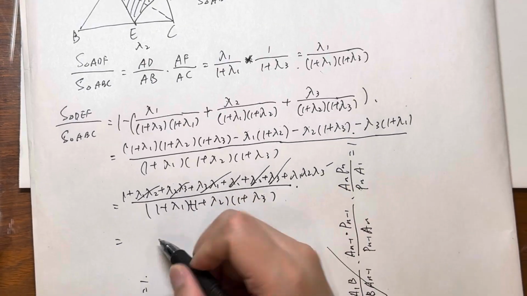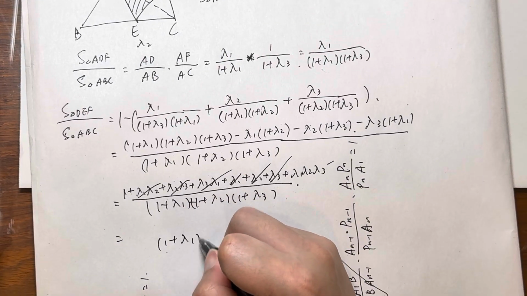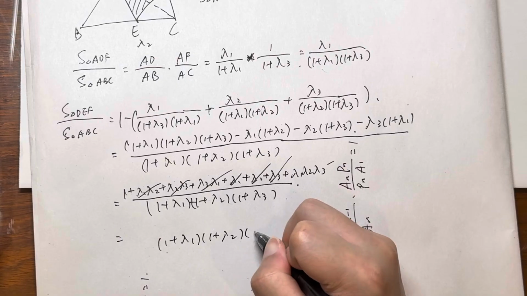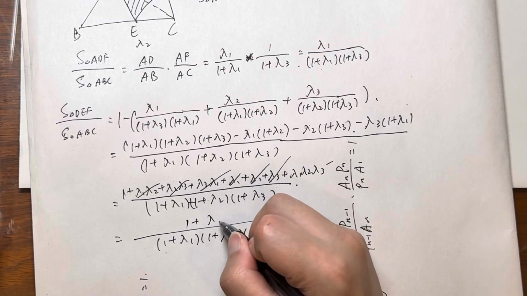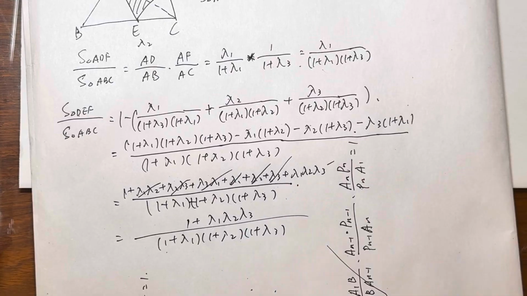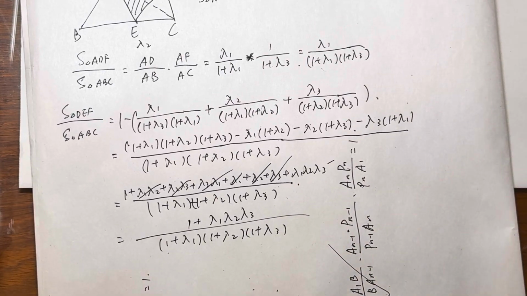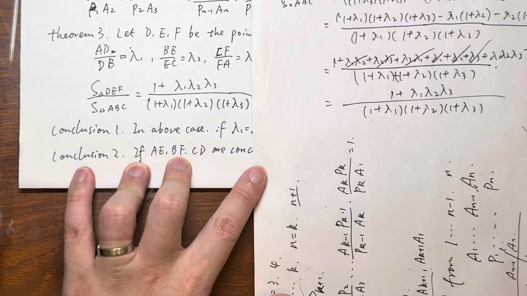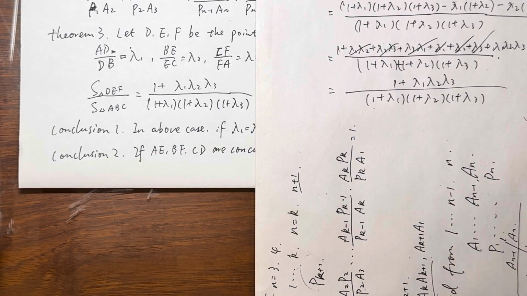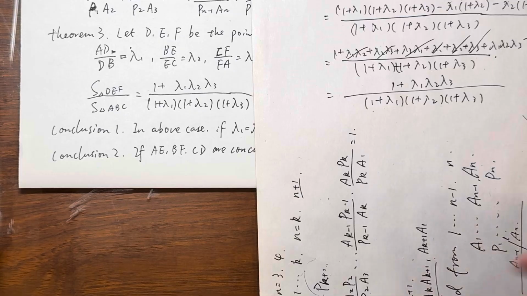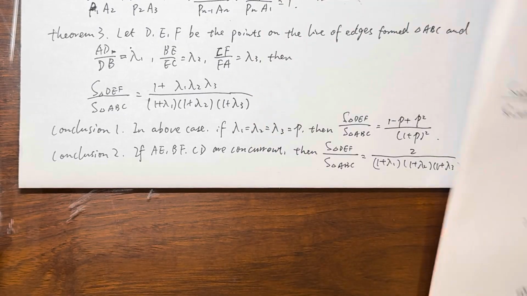So the rest of the part would be 1 plus lambda 1, 1 plus lambda 2, times 1 plus lambda 3 on the bottom, and the top is 1 plus lambda 1 lambda 2 lambda 3. Okay, that's the conclusion.